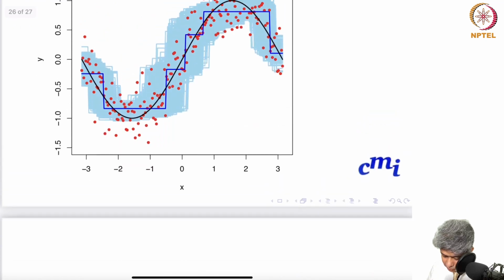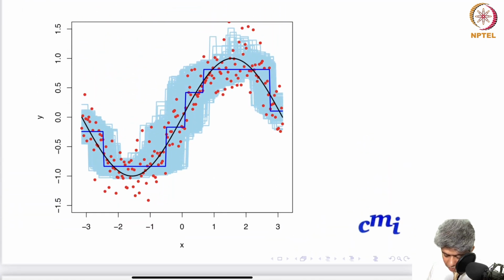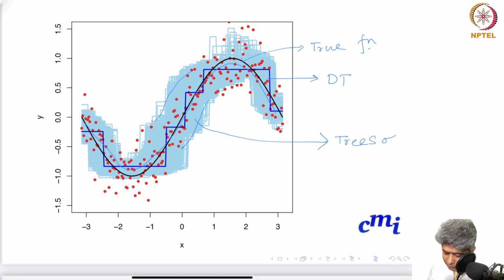The black one is the true function, this blue line is the decision tree, and all these sky blue lines are trees of the random forest.